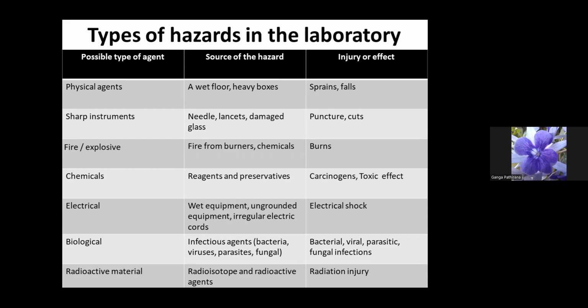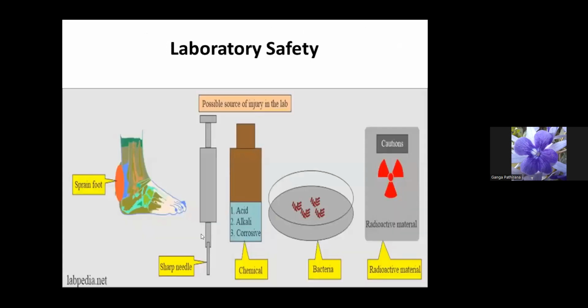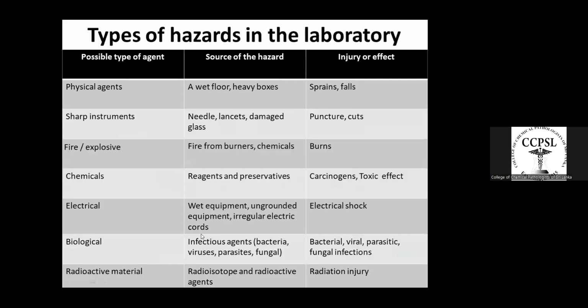Biological hazards are bacteria, viruses, parasites, and fungi, and you can get these infections. Materials like radioisotopes and radioactive agents can cause radiation injury.